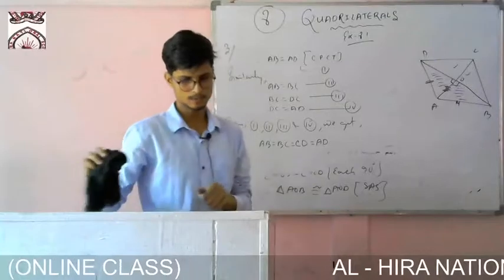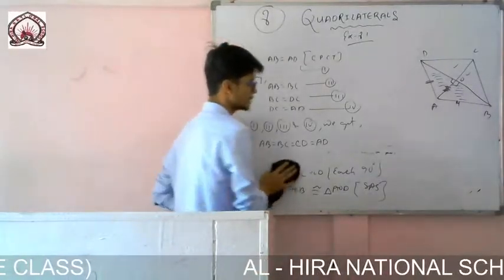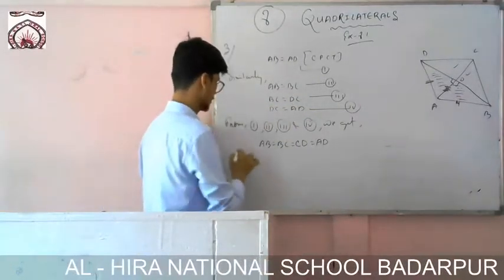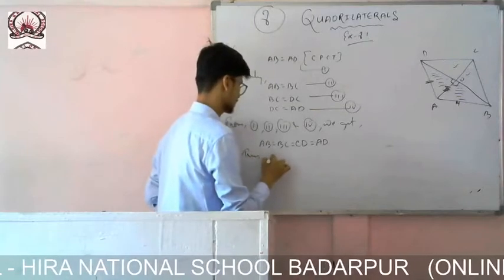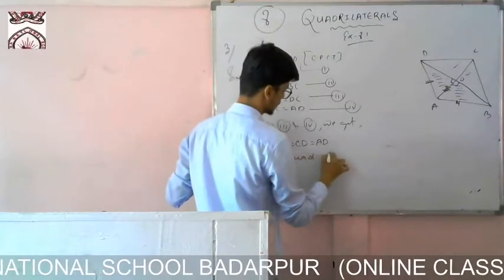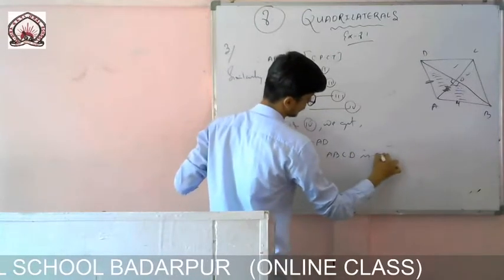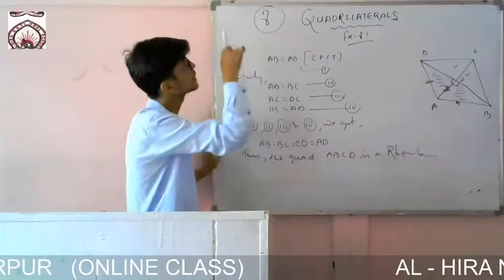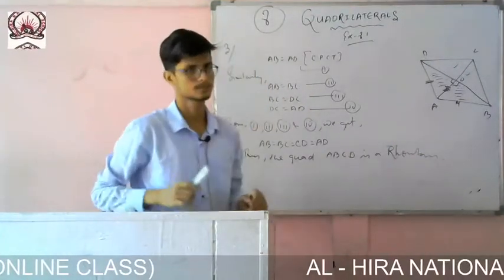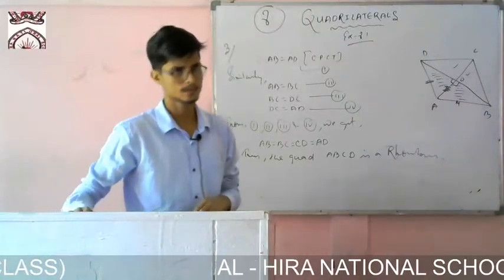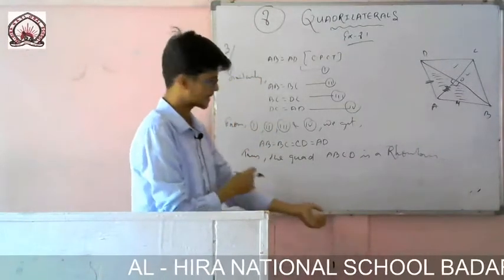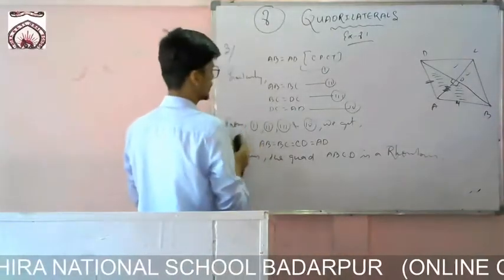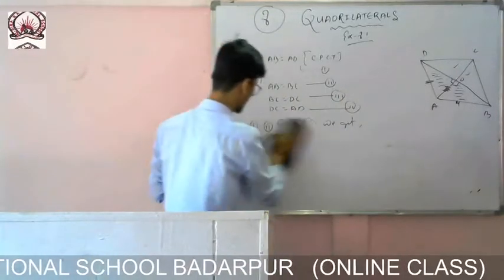So all sides are equal, and this is possible only if it is a rhombus. Thus the quadrilateral ABCD is a rhombus. So now we'll move to the next one.